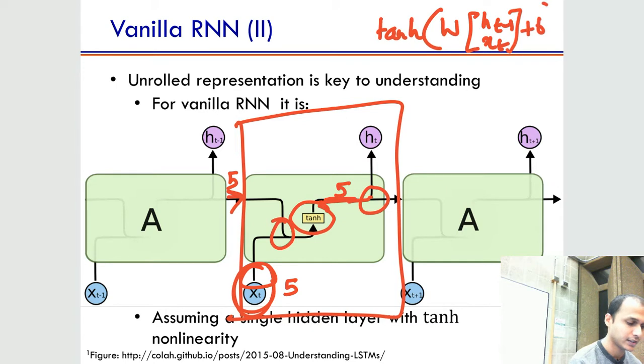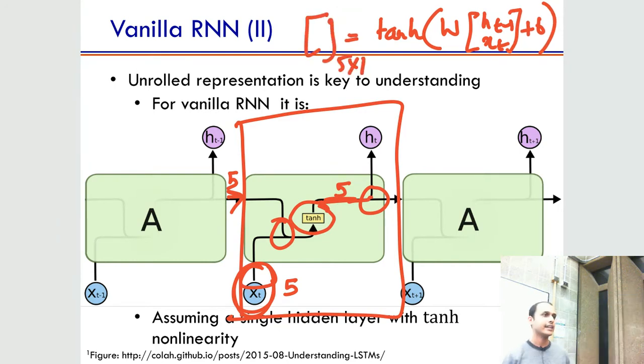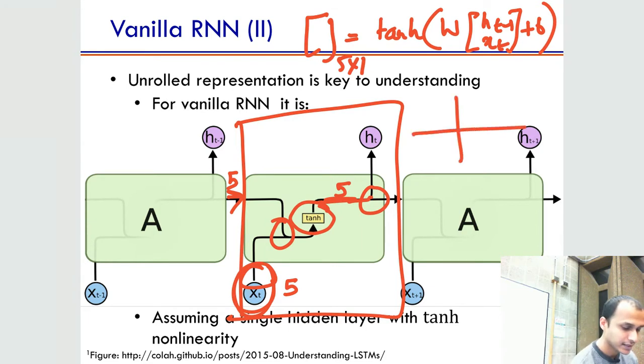Okay, so if W's number of rows is 5, then the output is going to be some 5-dimensional vector. Okay, 5 cross 1. Tanh. What is tanh? Tanh is like a sigmoid or a ReLU. So it's an element-wise operation. Takes a number, outputs a number. And if you really want to visualize it, it's basically something like this. This is 0 and 1 and minus 1. Okay, it's like a shifted sigmoid.